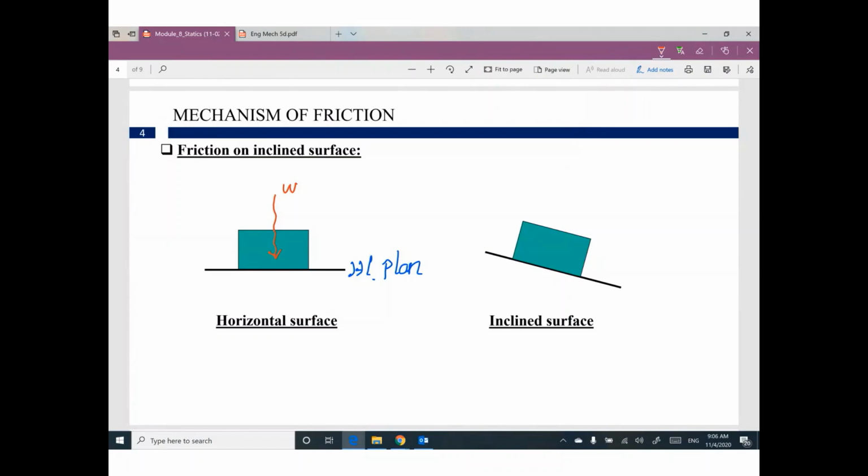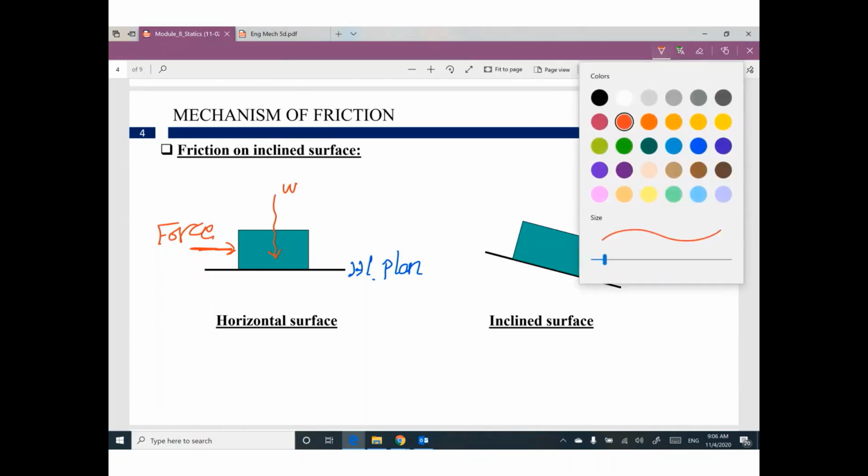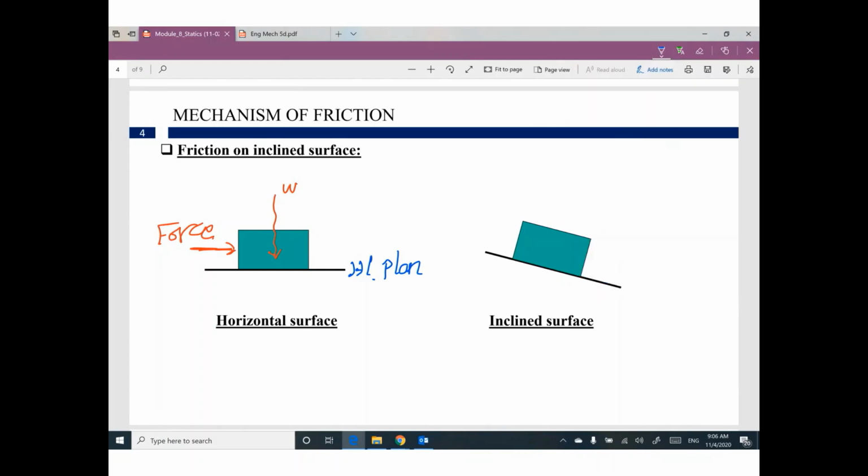If you are trying to push this box to the right with a force, then I can expect that there is a friction force opposite to the direction of the applied force.